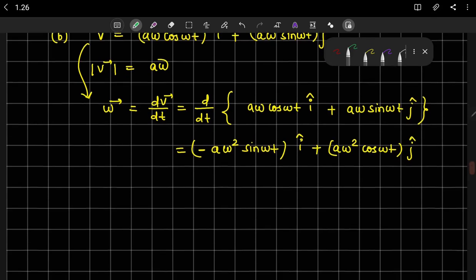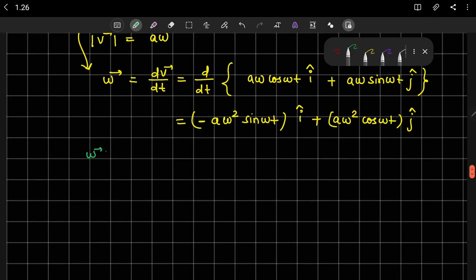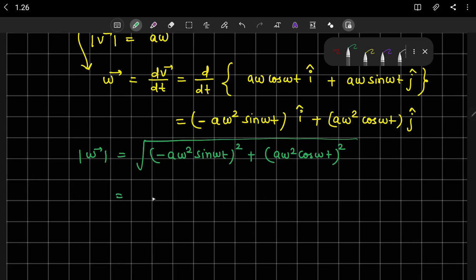Now if we find the magnitude of the acceleration vector, then we can get the square root of (minus a omega square sin omega t) whole square plus (a omega square cos omega t) whole square. Okay, so from here we will get the square root of a square omega to the power 4 sin square omega t plus a square omega to the power 4 cos square omega t.